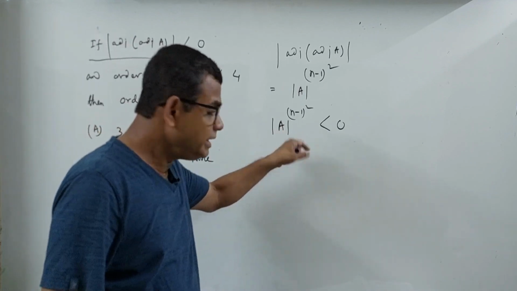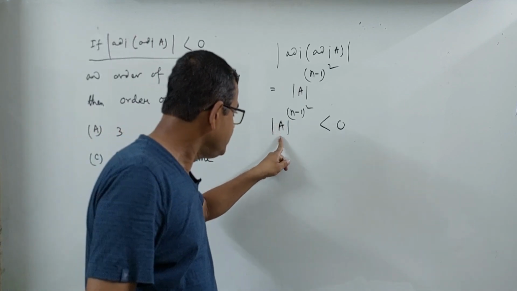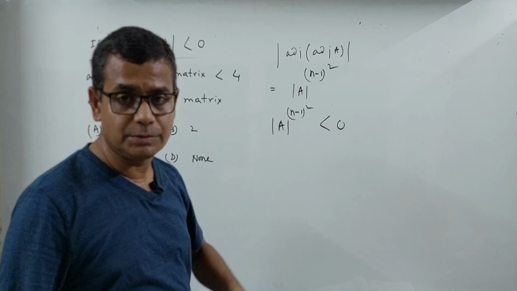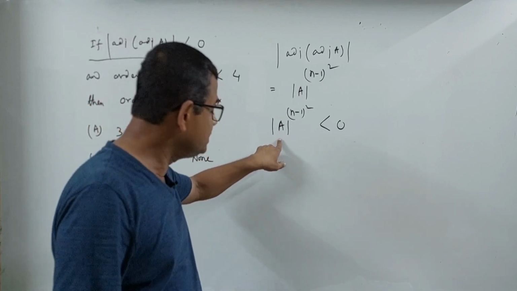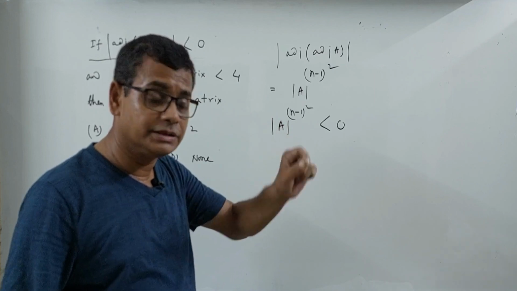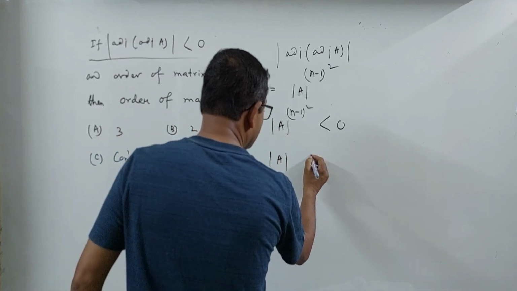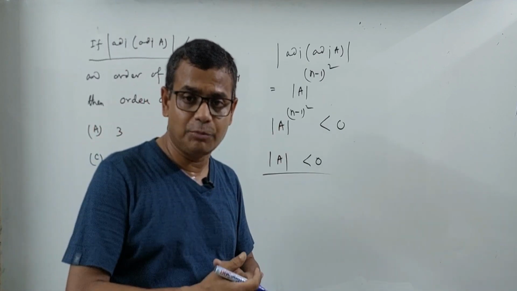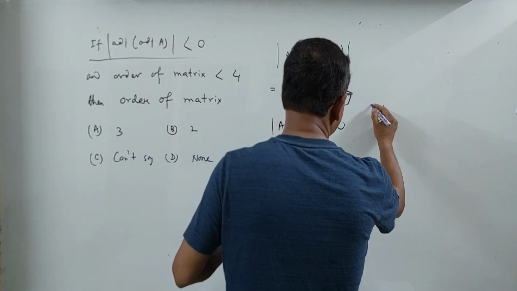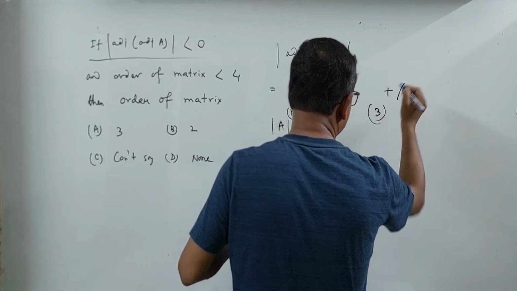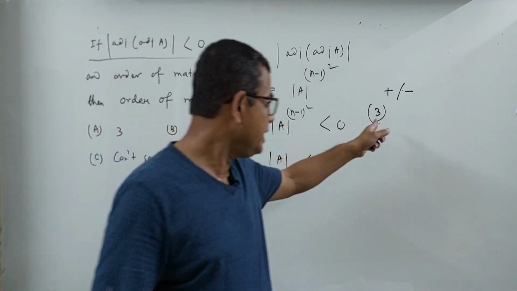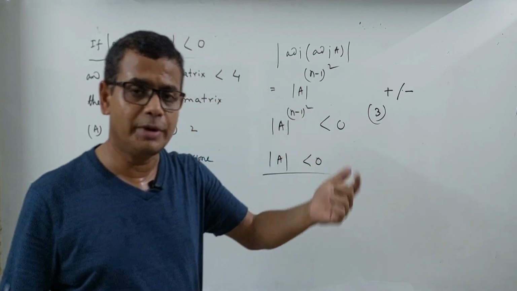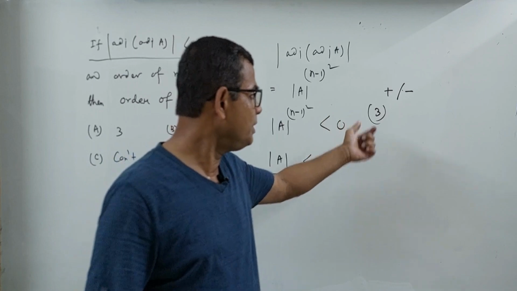And when is it possible? If the value of determinant A is positive, this inequation is never possible. So the value of determinant A must be negative, that is less than 0. Because if determinant A is positive, suppose positive 3 to the power something, positive or negative, you never get a negative value. 3 to the power minus 2 is always positive, that is 1 by 3 square, and 3 to the power 2 is also positive.